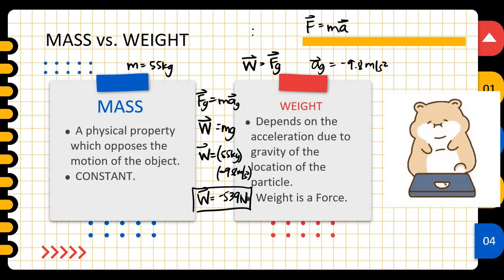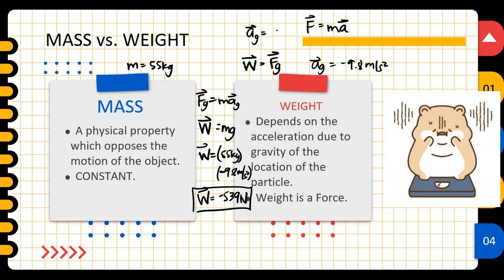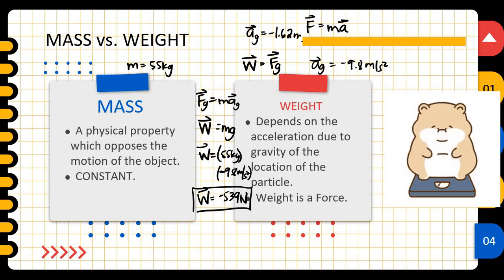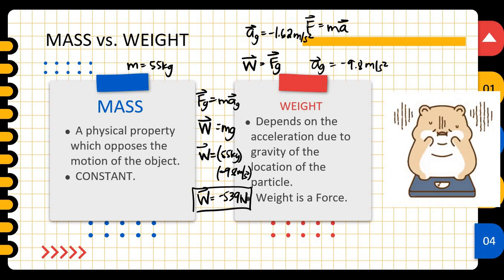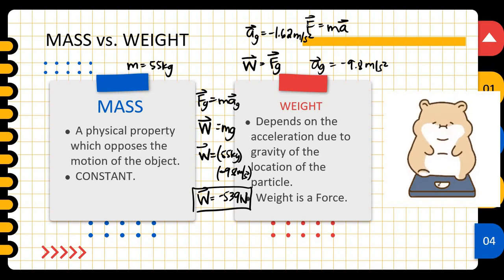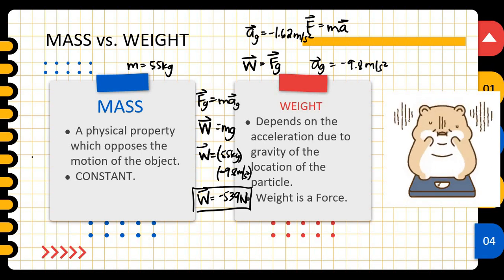On the moon, the acceleration due to gravity is approximately negative 1.62 meters per second squared. So what happens to your mass when you migrate to the moon? It remains the same because it's constant. However, your weight does change.